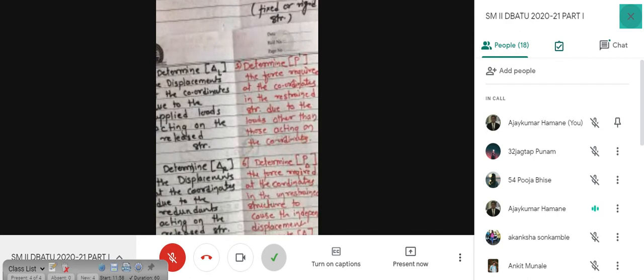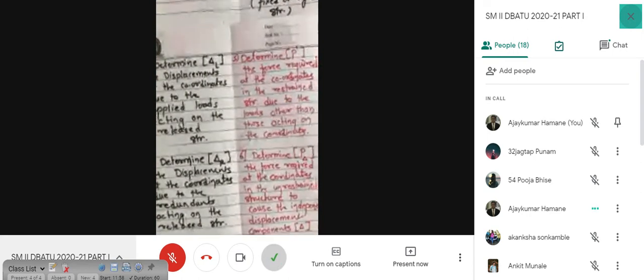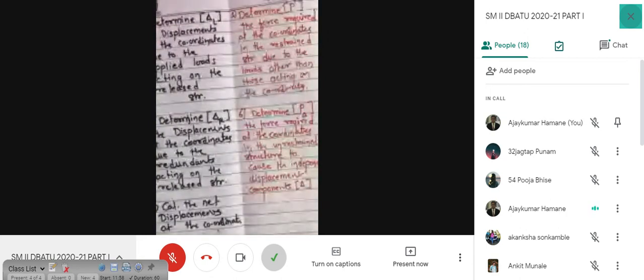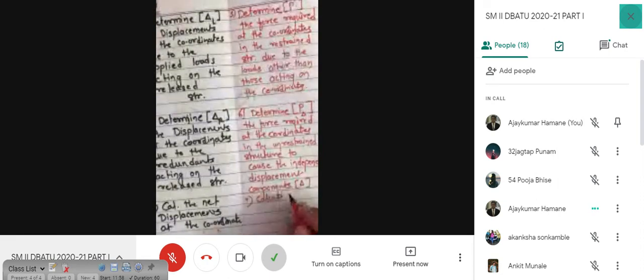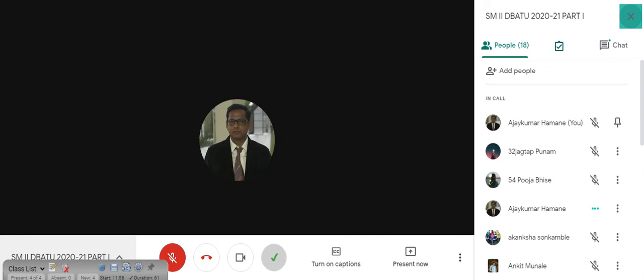By using this formula, delta equals delta L plus delta R. And here seventh, calculate the net forces at the coordinates. Here P equals P dash plus P delta.